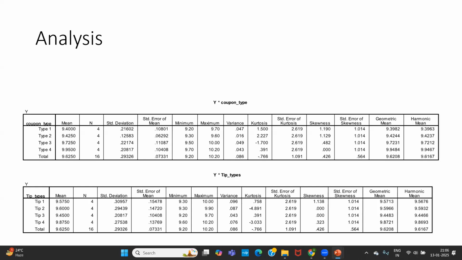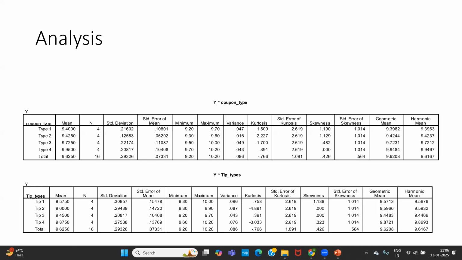Kurtosis tells the peakedness, and skewness tells whether it is a left tail distribution or right tail distribution. And as an alternative to our usual arithmetic mean, there is the geometric mean along with the harmonic mean. This is the aspect for the first type.